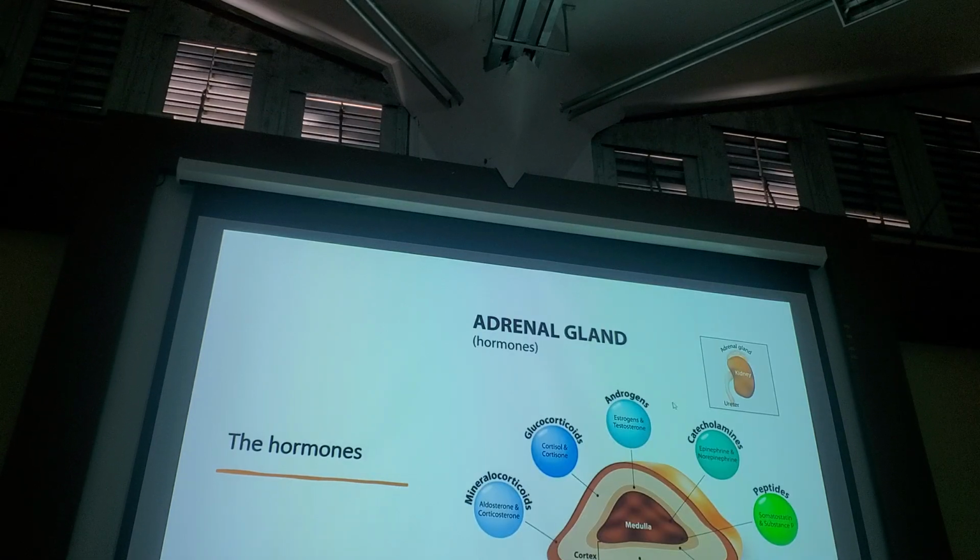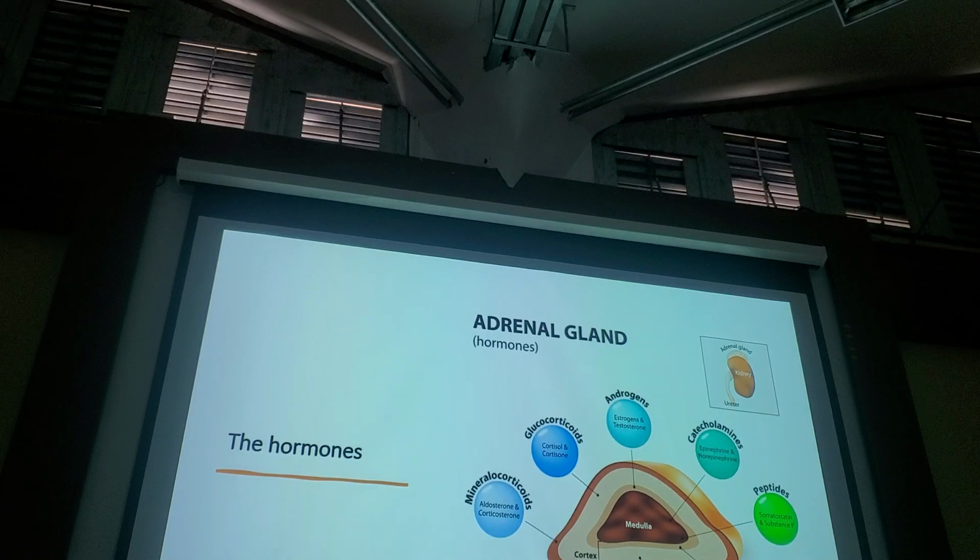A little more detail here. So again, same cross section, just a little prettier. The zona glomerulosa to the very outside. On the inside, in the sandwich, this is the ham part or the cheese, depending on whether you're non-vegetarian or vegetarian.